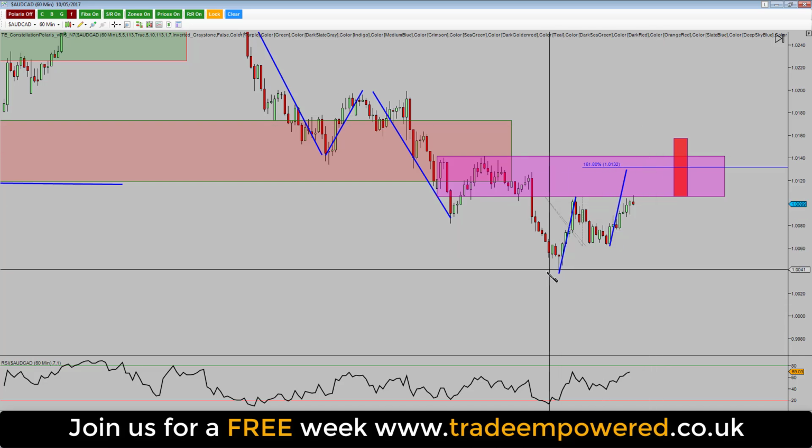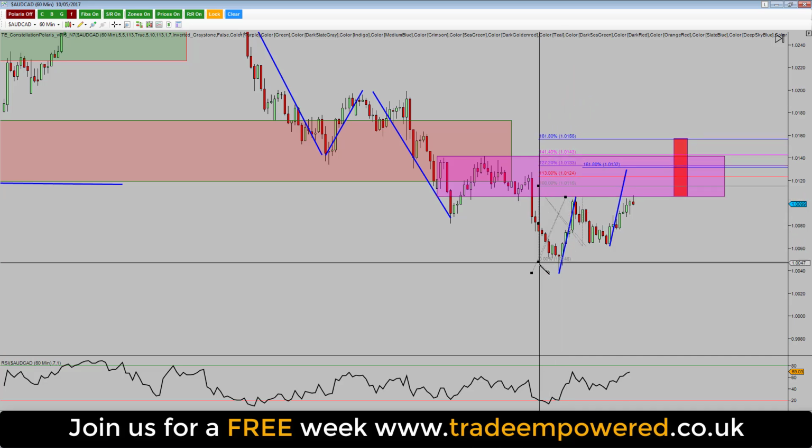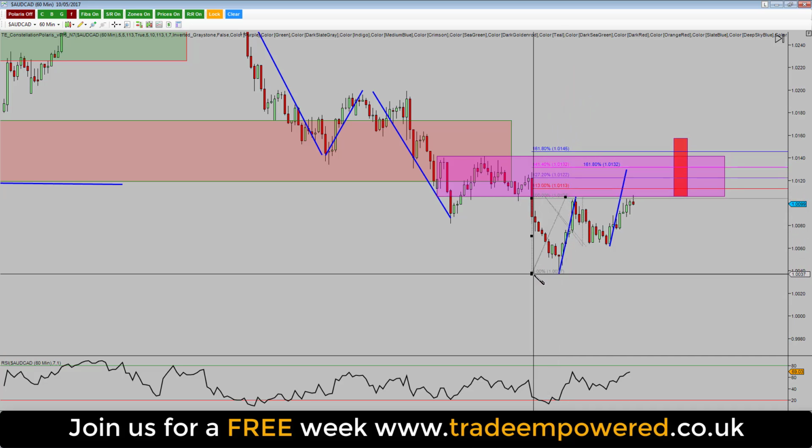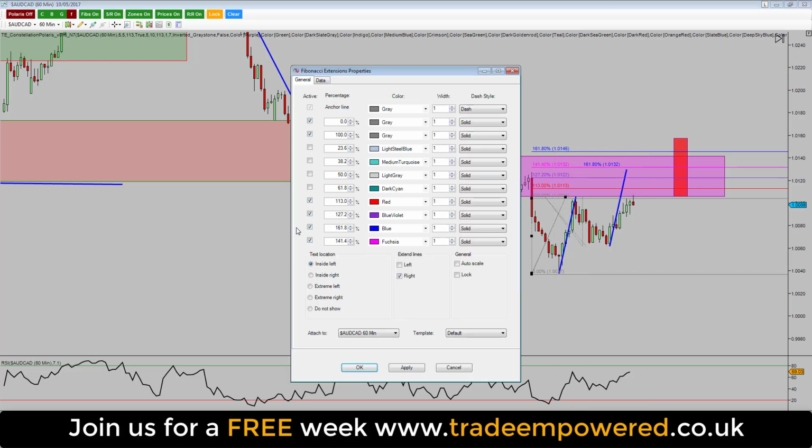Okay. Also, if you want a bit more confirmation with the fibs, you can bring on a fib extension, and look at that, 1414 lining up perfectly with that 1618. That's, I don't know if you guys know, but that's exactly how I tested the fib inversion trade.